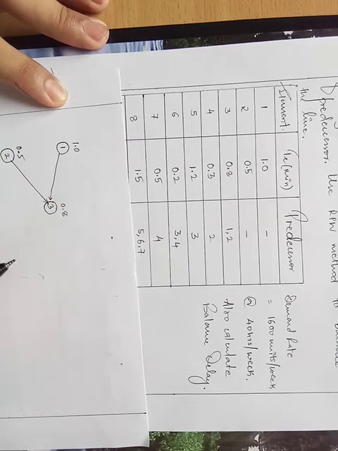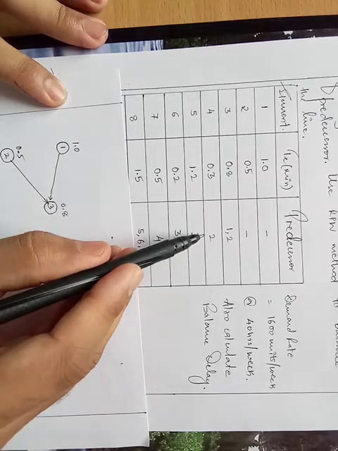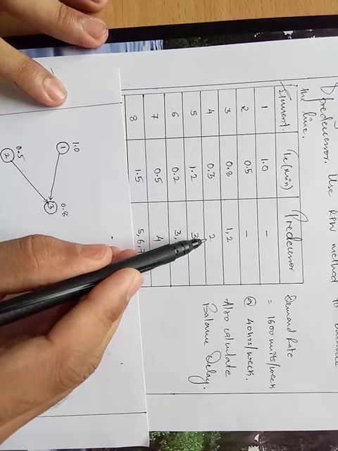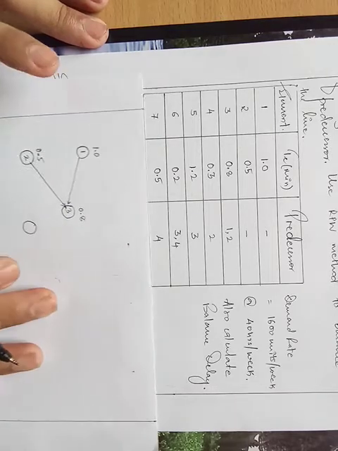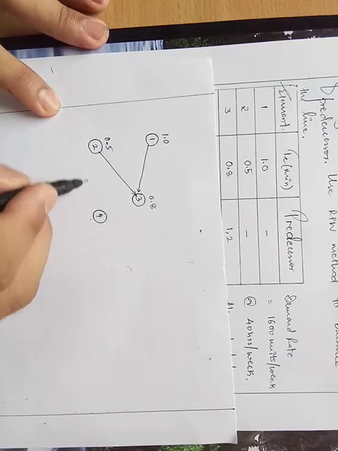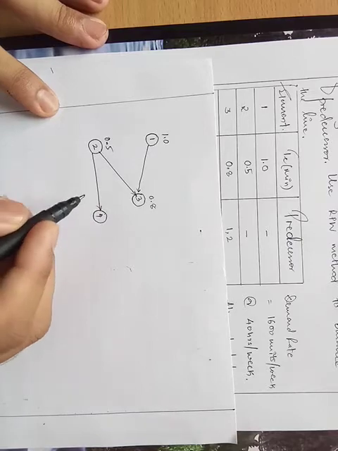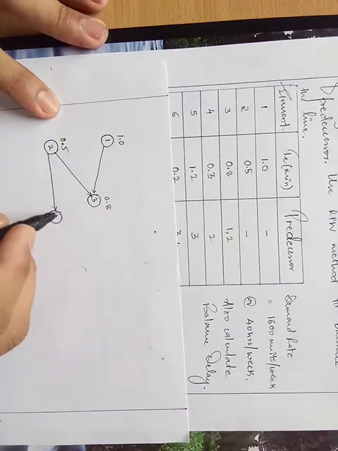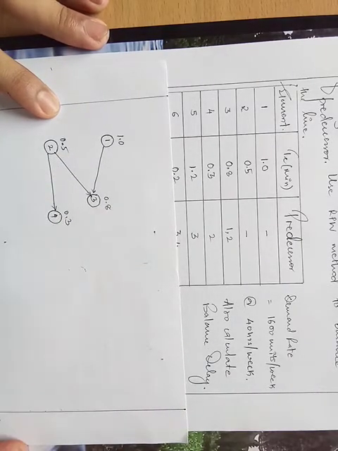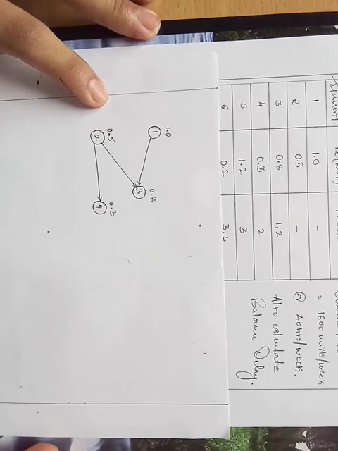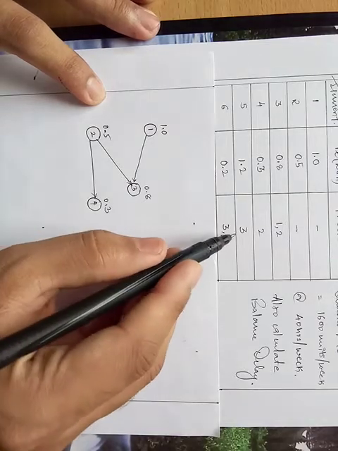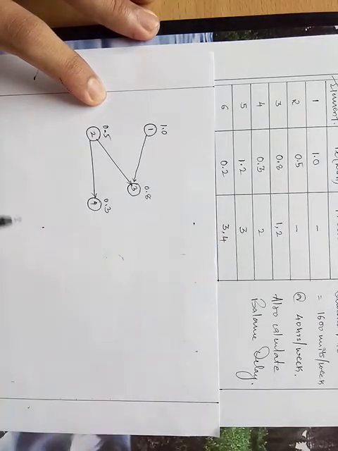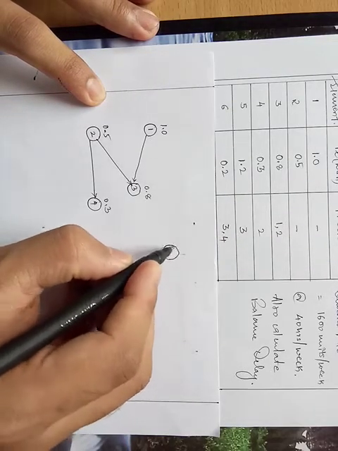Then element number 4 is preceded by activity 2, so 4 comes here. Join this. The time for 4 is 0.3 minutes. Next, work element 5: the predecessor is 3, so you can take it here.